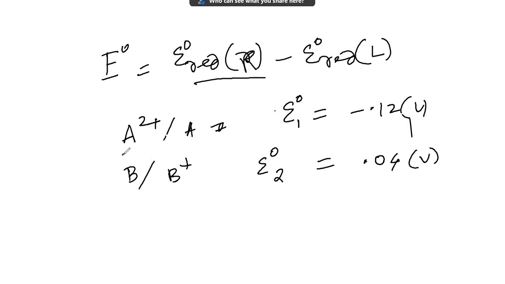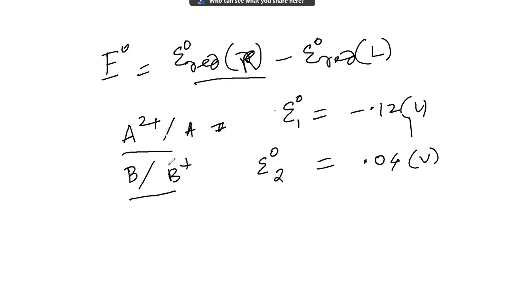In one case the oxidation potential is given, in another case the reduction potential is given. In one case it is the reduction potential, A2 plus to A, involving addition of 2 electrons; in this case B to B plus involves loss of 1 electron.